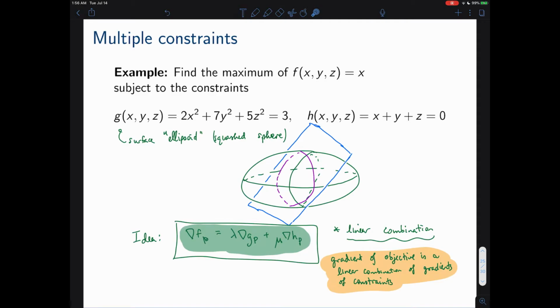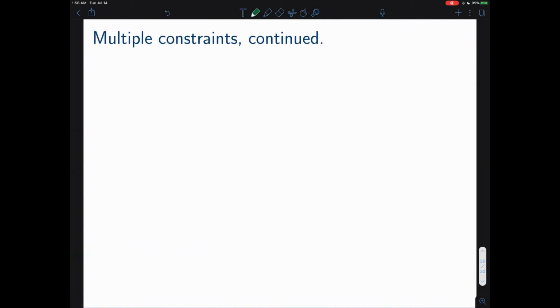So let's at least take the first couple of steps in the process of solving this one. Our function was f equals x, and the gradient of f is 1, 0, 0. Our first constraint function was 2x squared plus 7y squared plus 5z squared.